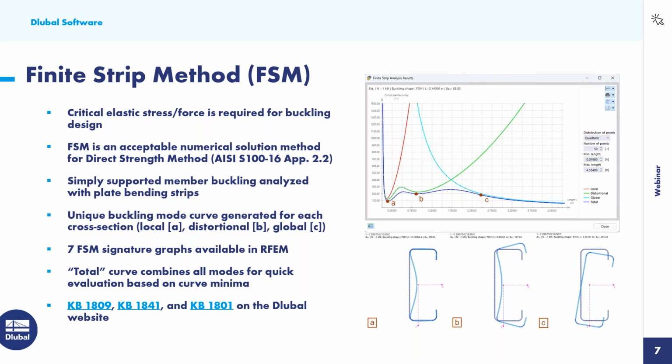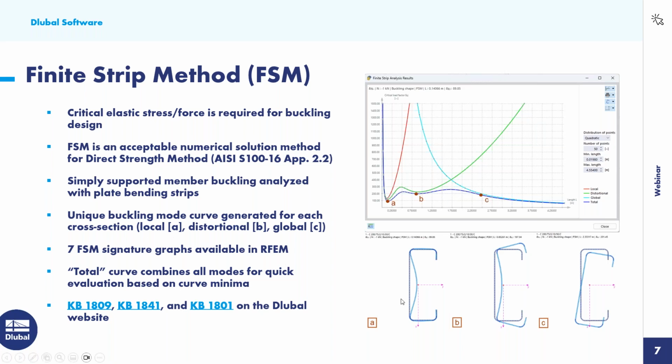So what we do here with the finite strip method is to treat this section as a simply supported member, and we analyze the buckling behavior with plate bending strips. From this information, we're going to get unique buckling mode curves that will be generated for each cross section. So very unique to each cross section, whether it's one from the standard or a custom cross section as well.